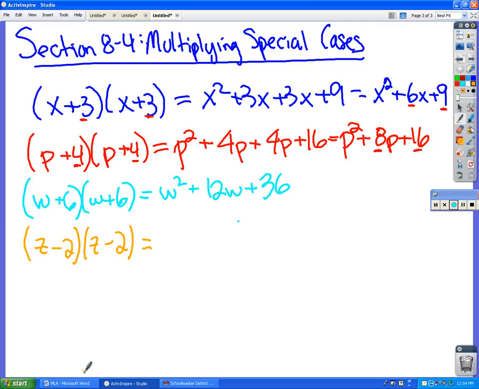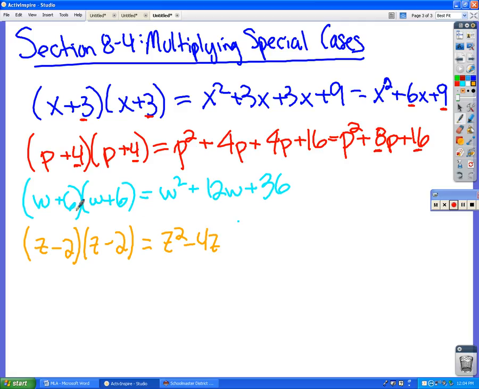Z squared. And then 2z, negative 2. It's negative, so it's going to be minus 4z, because remember, this number in the middle was this number doubled.